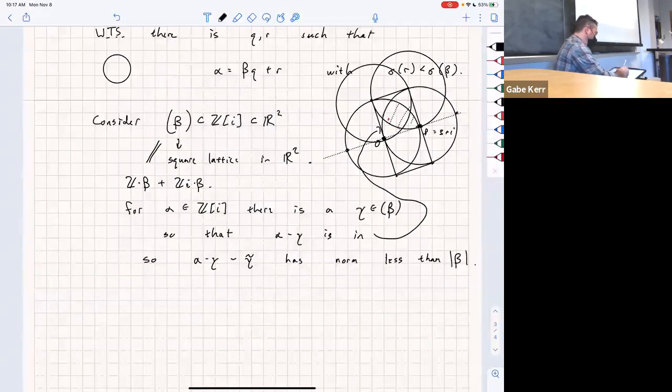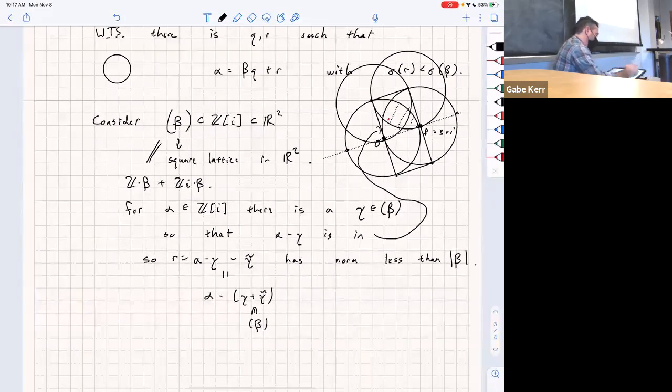But now let's take a look. Gamma, this is equal to alpha minus gamma plus gamma tilde. And this is in each of those lattice points. These are each in the lattice. And the lattice is beta, which is all multiples of beta.